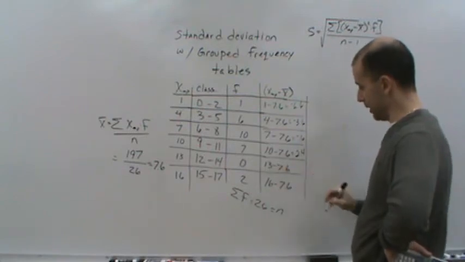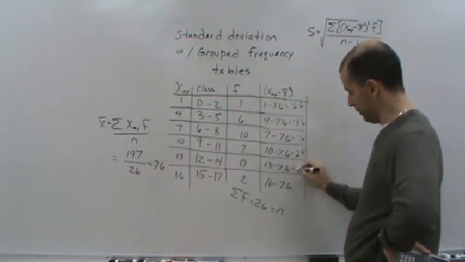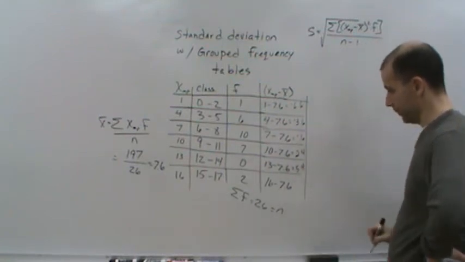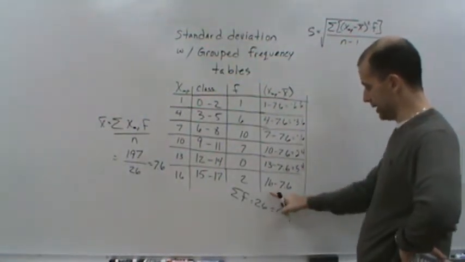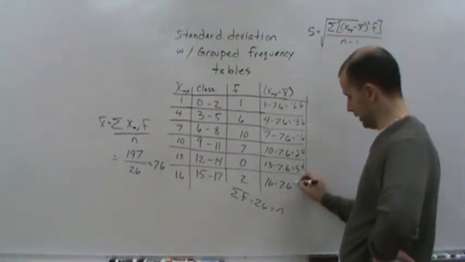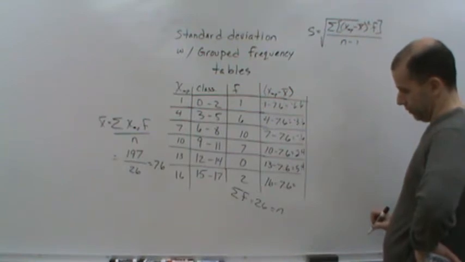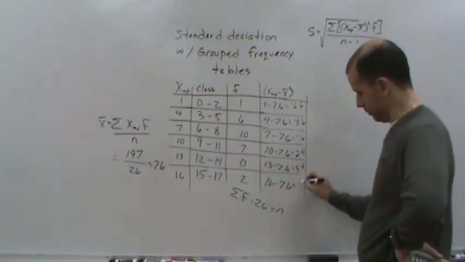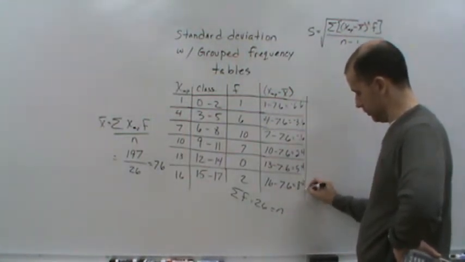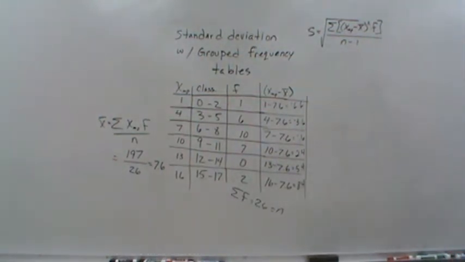And then 13 minus 7.6 is going to be 5.4, right? And then 16 minus 7.6 is going to be equal to 8.4. So that should all make sense.